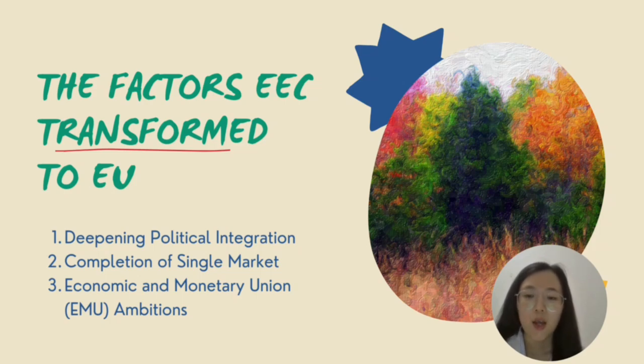And the second factor is the completion of the single market. Before we get to that, there was a challenge in the 1980s: non-tariff barriers persisted, with differing national regulations, such as product safety standards, that hindered true free trade, and Eurosclerosis, economic stagnation in the 1970s to 80s, demanded radical liberalization.